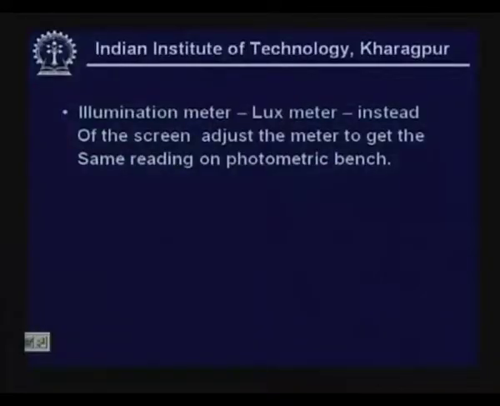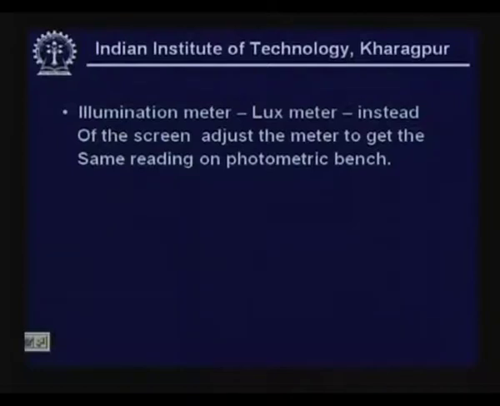There is another way of measuring. Instead of using the photometric head, we use what we call the lux meter. Remember, when you are using a photometric head, which is an opaque screen, it is somewhat subjective in the sense that it depends on the person who is involved in taking the brightness or in balancing.